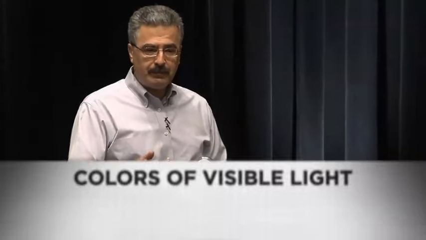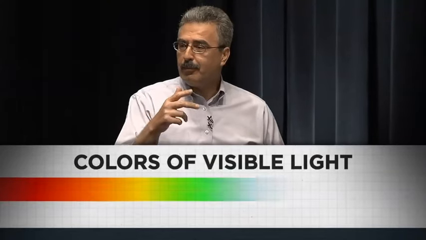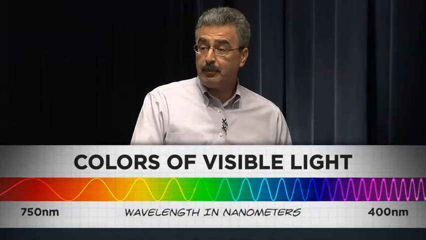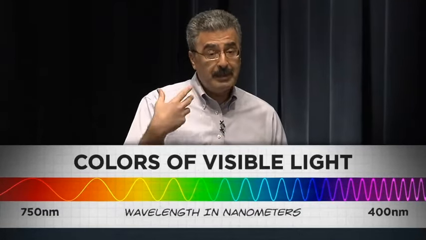We can detect it with our eyes. And the difference between colors of light, red, green, blue, and so forth, is in their energy, wavelength. That's what sets them apart, and that's how we can detect them. So different colors of light are actually radiation of different energies that we can see.